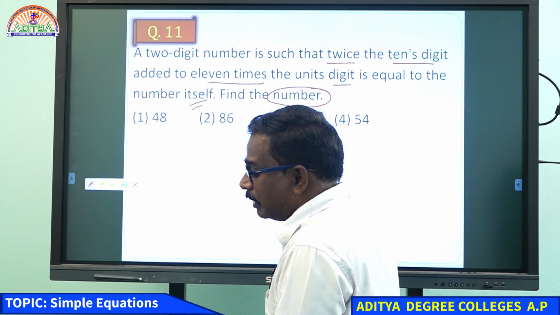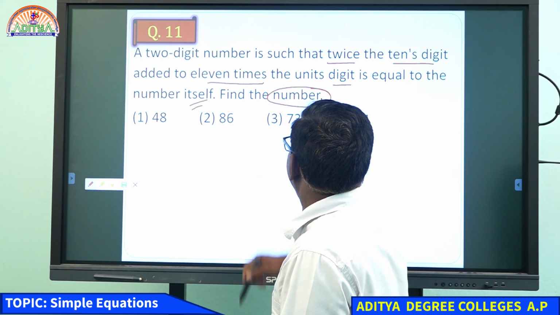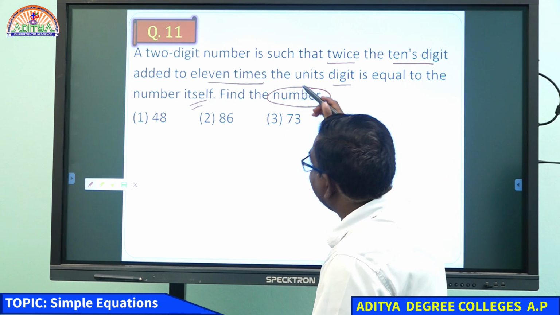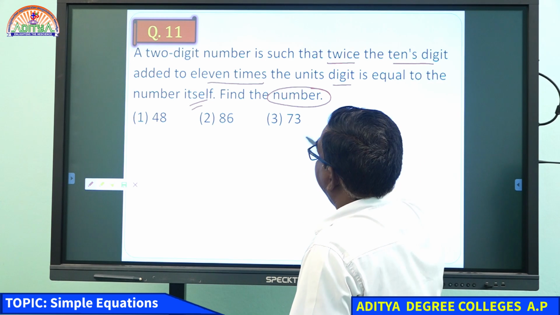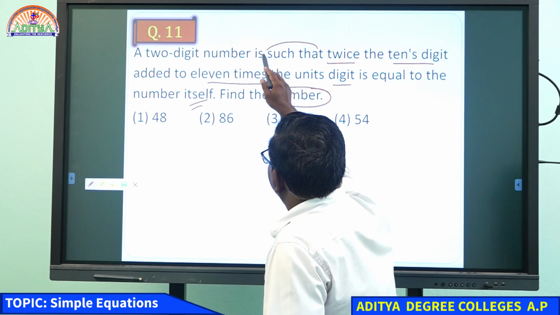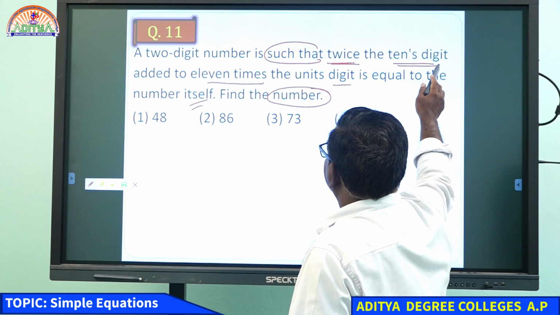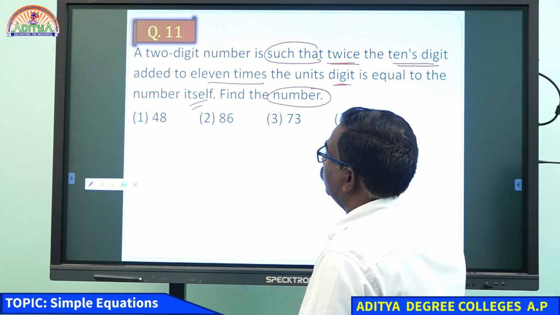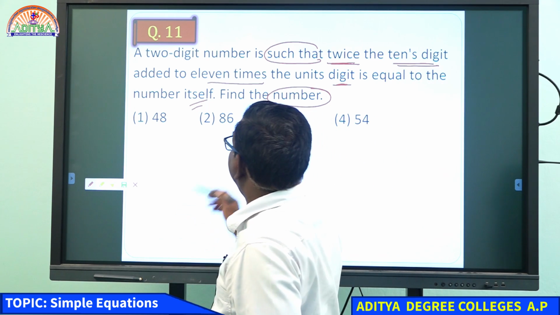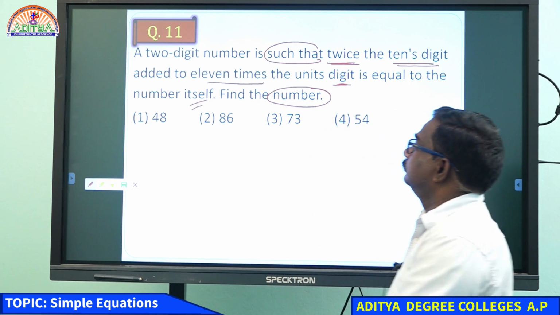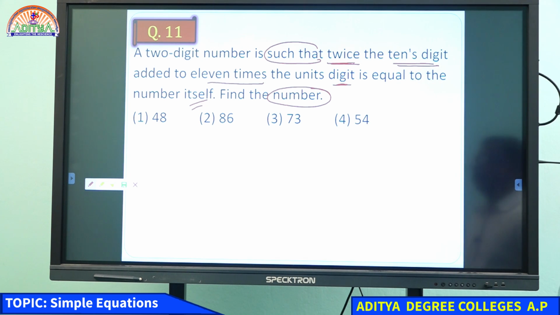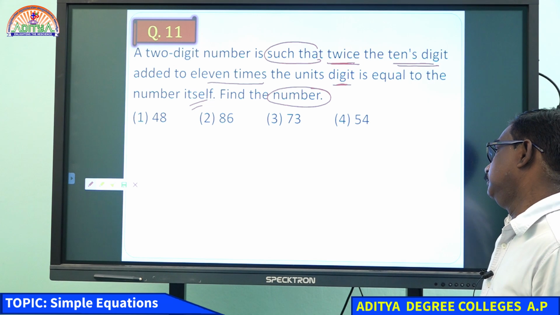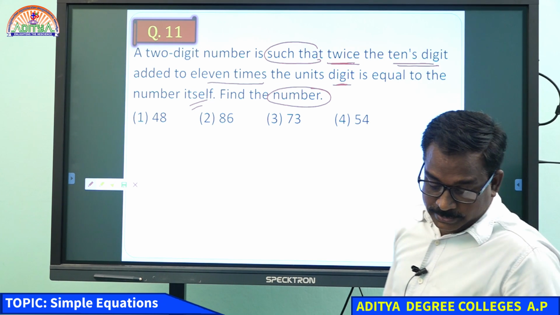Listen: a 2-digit number is such that twice the tens digit added to 11 times the unit digit is equal to the number itself. We are asked what the number is.